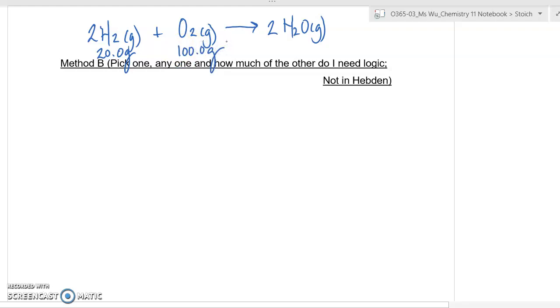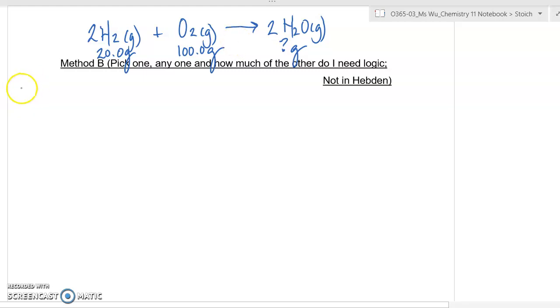Right. So a typical limiting and excess question where amounts of both reactants are given, and we are being asked how many grams of the product can we produce. So this method B is called pick one, any one, and how much of the other do I need? A little bit of logic, I like it, a little bit of thinking. So my calculation here is, pick one.